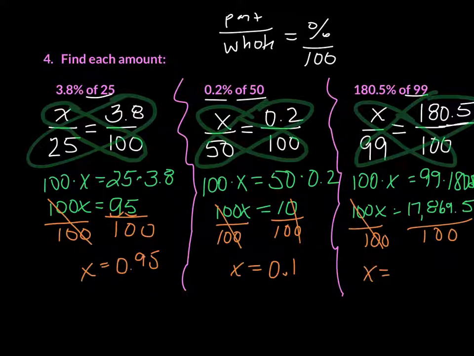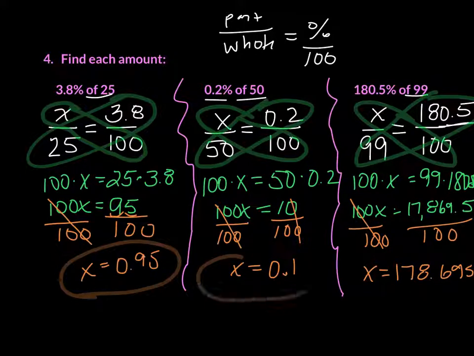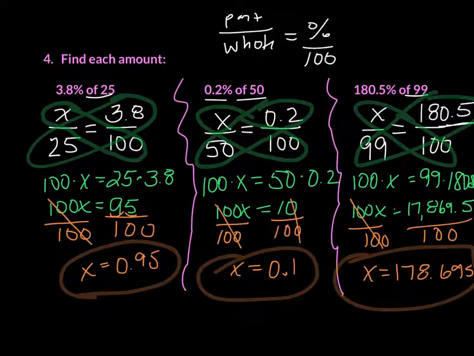Dividing by 100, move the decimal back 2 places, of course, and my answer is going to be 178.695. See, it's larger than the original 99. And there we go. There's our 3 answers, all 3 of those in number 4.